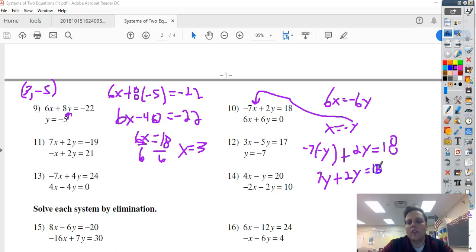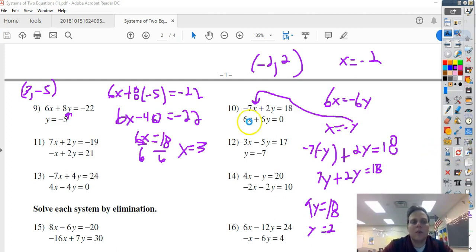Well, 7y plus 2y, that's 9y, still equal to 18. So if 9y equals 18, divide both sides by 9, you get y equals 2. Well, if you know y equals 2, and you know x is equal to negative y, then you can say x is equal to negative 2, because y is 2. So you get the point negative 2 comma 2.